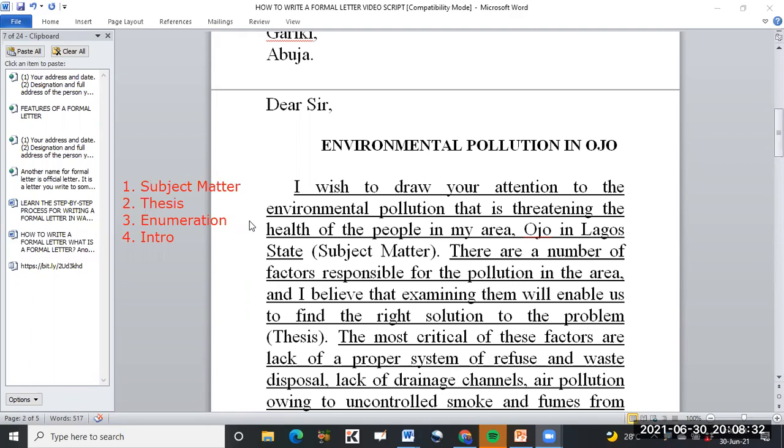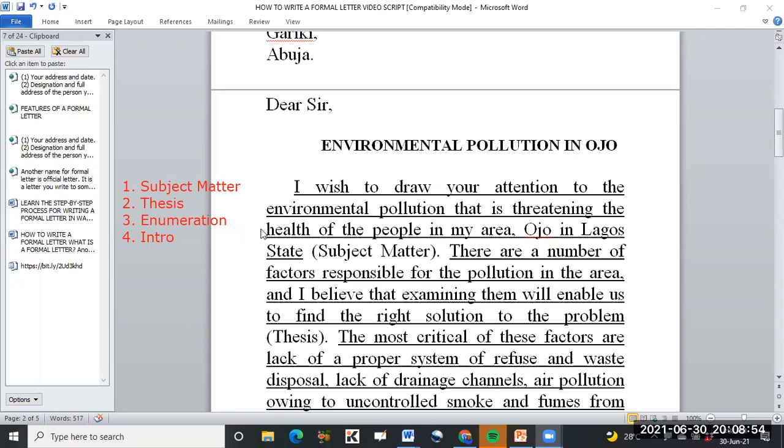The examiner has actually asked you to write a letter to the director of the Environmental Protection Agency, complaining about the pollution of your area. So that is the subject matter, and so you begin with it. And you can see the way we have put it here.